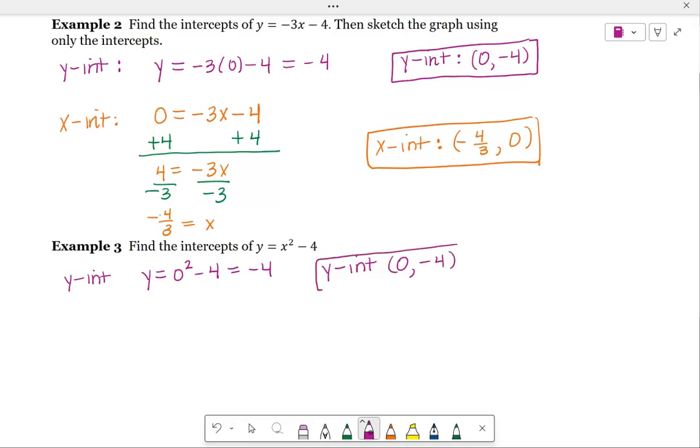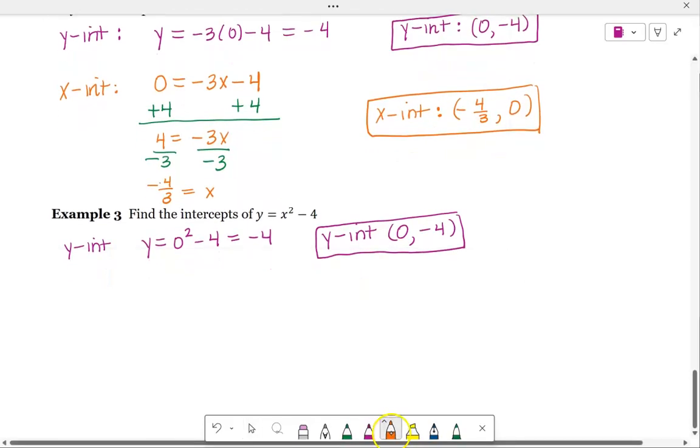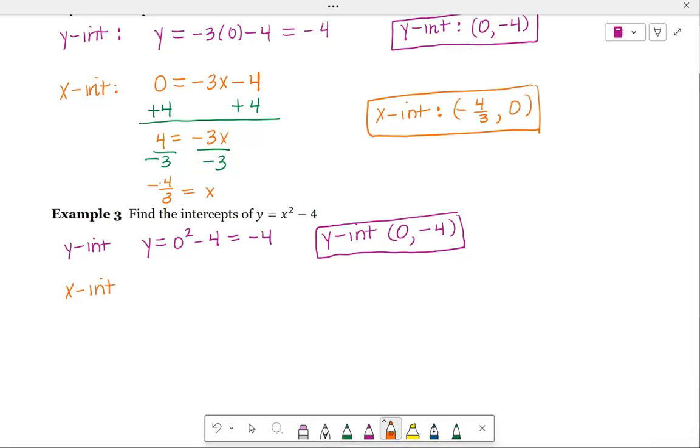This example is one that we graphed a little bit ago, and we did see on the graph that that was in fact our y-intercept.